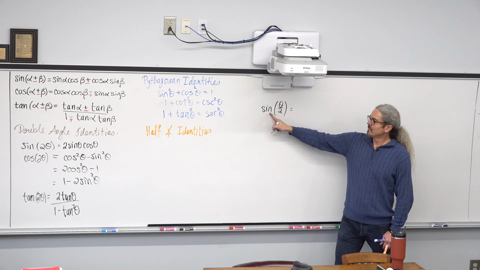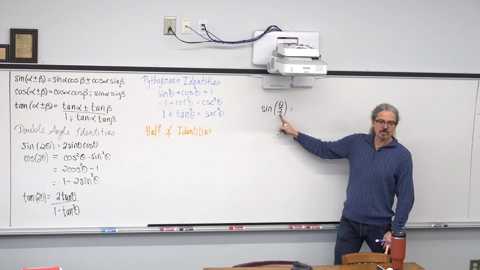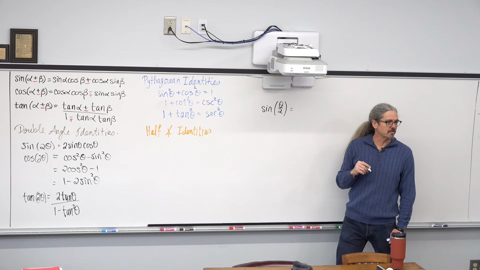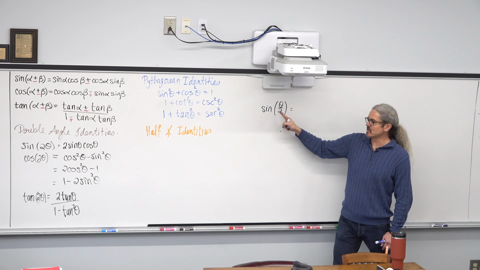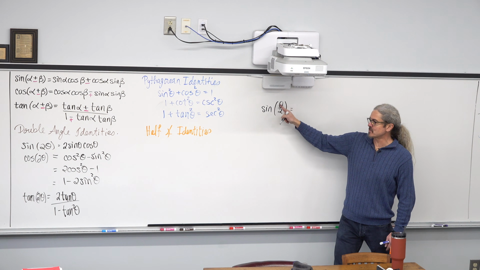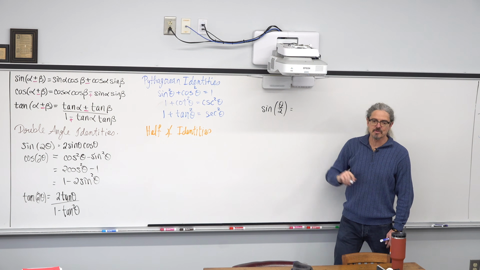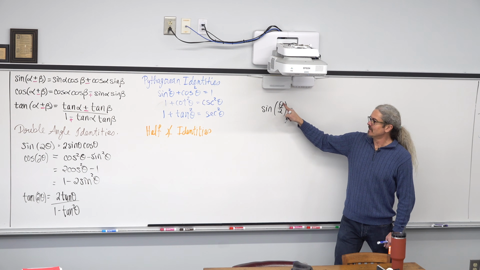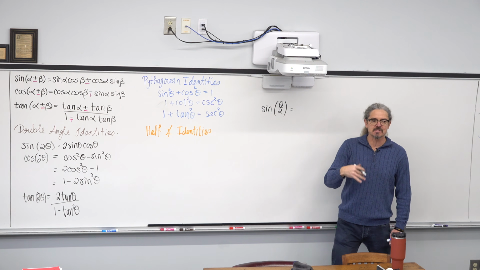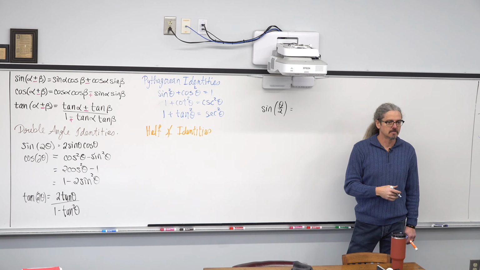Okay, so this is an angle measure. What do you put into a trig function? An angle. So if you see a trig function, no matter if it's a number or an expression, even if it's a simple or complex expression, if that expression is going into a trig function, it is an angle measure. So this angle measure is simply half, right? It's theta over 2. This is half the measurement of some other angle.